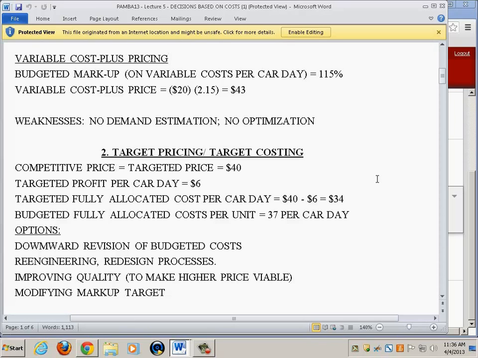Then we ask ourselves, what is a desirable and feasible profit target? And let's assume we decide on $6 per car day.